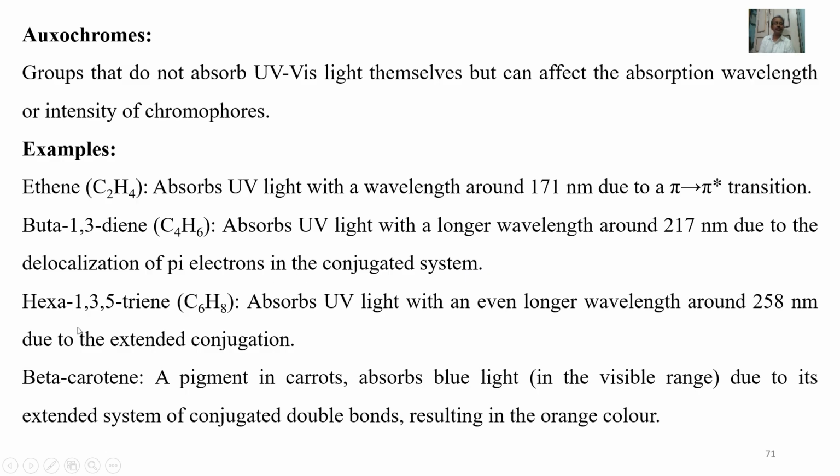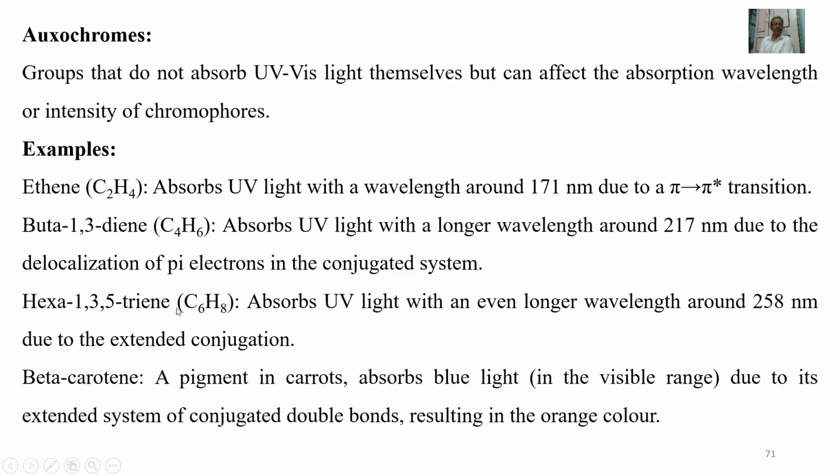Examples. Ethane absorbs UV light with a wavelength around 171 nanometer due to a pi to pi star transition. Buta-1,3-diene absorbs UV light with a longer wavelength, around 217 nanometer, due to the delocalization of pi electrons in the conjugated system.